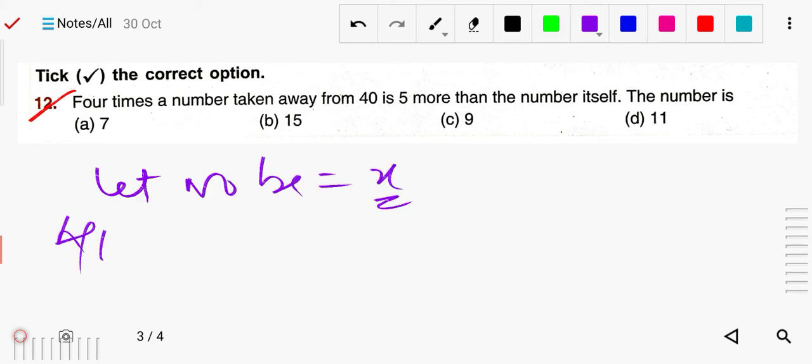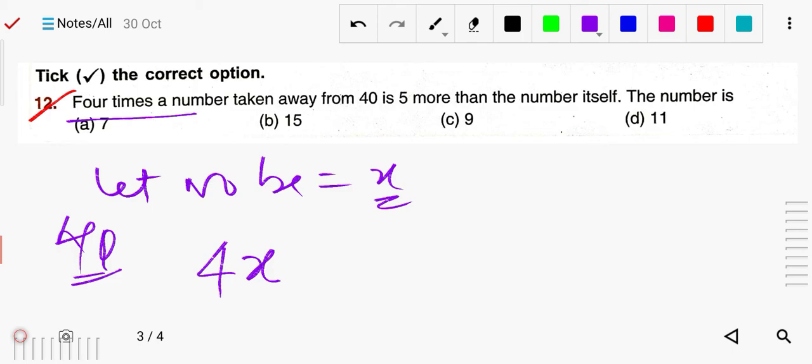Now according to the question, 4 times a number means 4x, taken away from 40. Taken away from 40 means this 4x is taken out from the 40. If the total is 40 rupees, and 4x is taken out, it will be subtracted from 40.